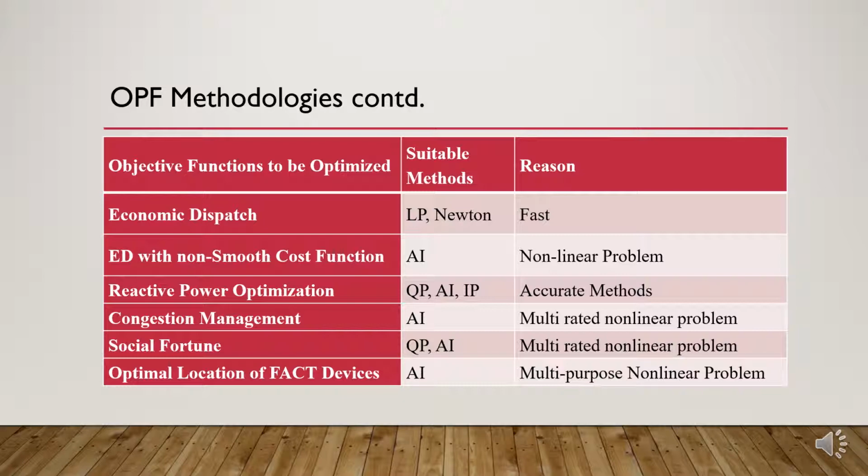For social fortune, artificial intelligence is the suitable method because, again, it's a multi-rated and multi-purpose nonlinear problem. For optimal location of FACTS devices, again, artificial intelligence is the suitable method because it's a multi-purpose nonlinear problem.